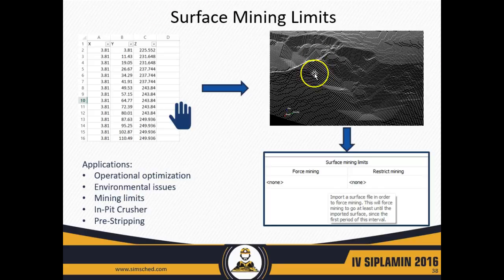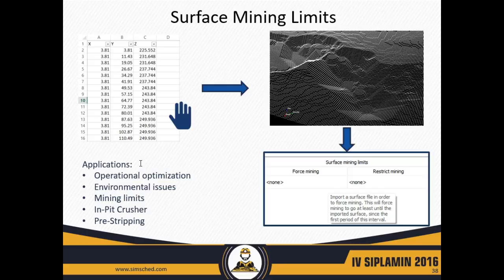And you can manipulate this set of points and import it back as a grid. This could be useful for handling operational aspects where you think the solution of SimChat was not as good as you would expect, geometrically speaking.